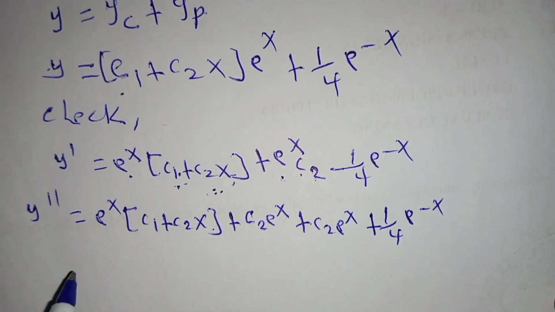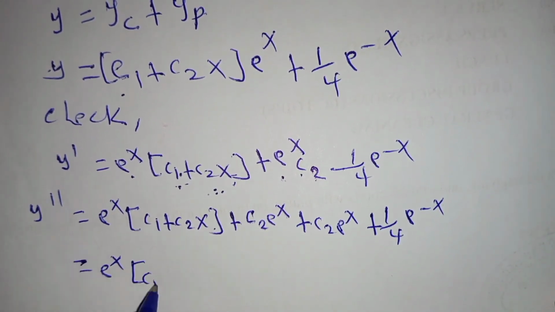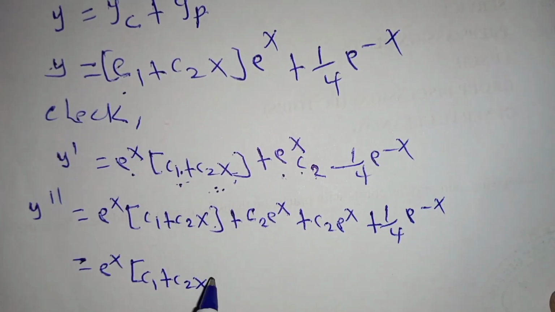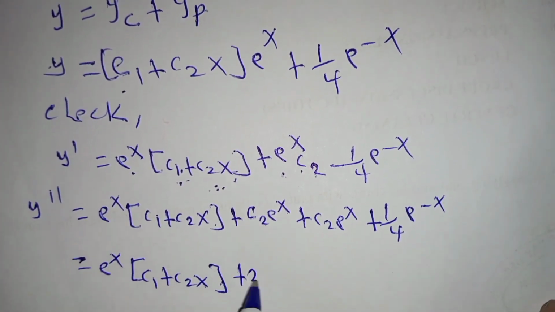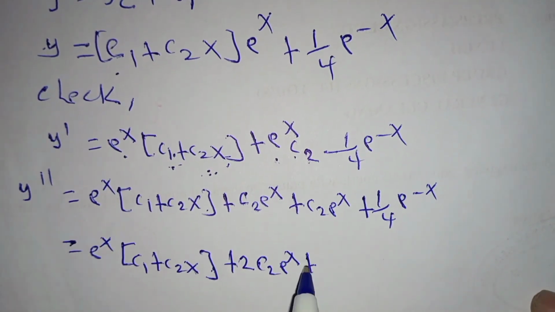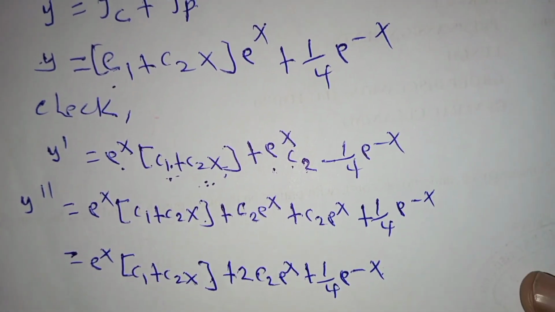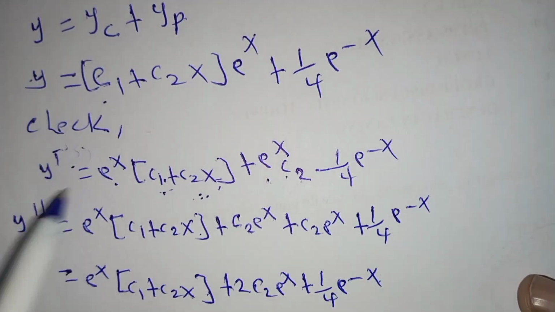That way, this is equal to exponential x into bracket c1 plus c2 x plus 2 c2 exponential x plus 1/4 exponential negative x.